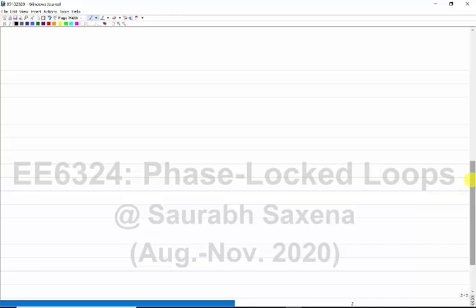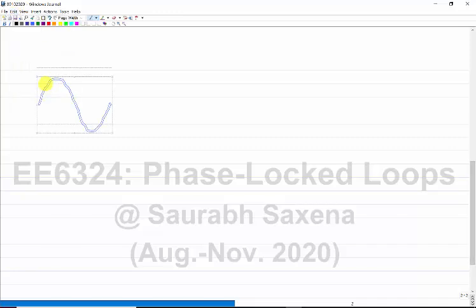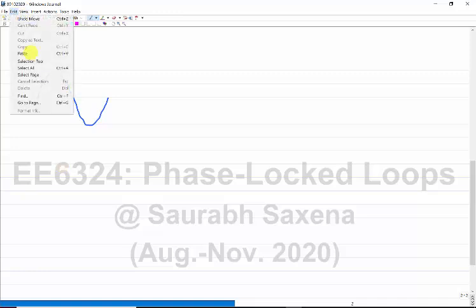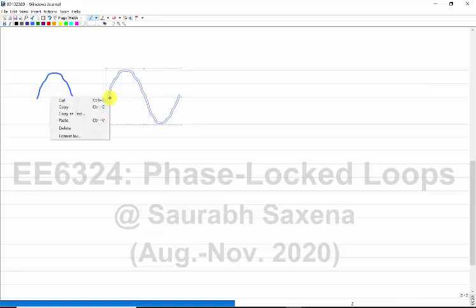So if I have, let me see if the paste option is there. Yeah, this is good. So if I have an ideal, this is my ideal sine wave, for example. I'll show you here. Okay, so let us just look at two sine waves.